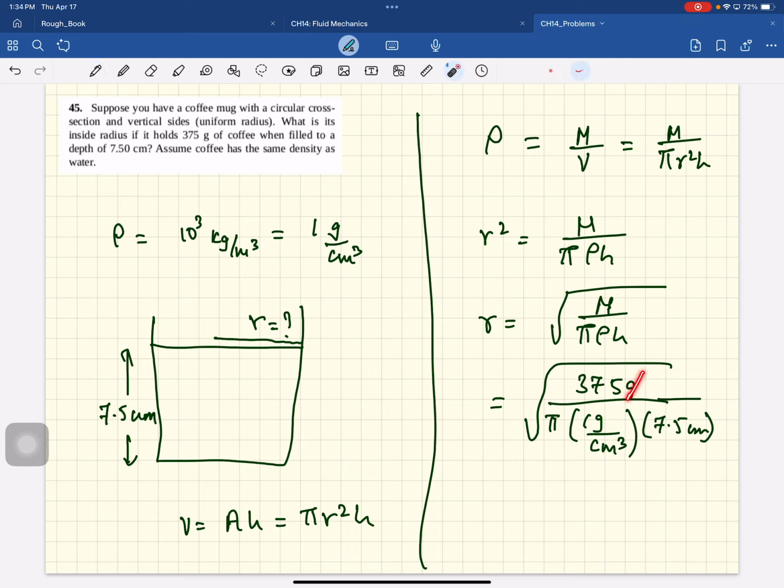So you see the grams will cancel. You'll get centimeter square, and then taking the square root you get the answer in centimeters.